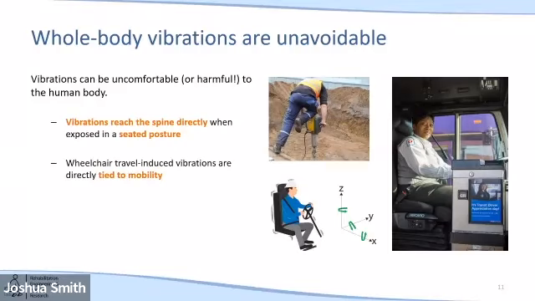So the prevalence of lower back pain, neck pain, shoulder pain, whether they're caused or just exacerbated by these vibration exposures, the correlation's there, right? And of course, when you're talking about wheelchair users who are in a seated posture all day, every motion they make in a chair inducing these whole body vibrations could go towards that lower back pain, neck pain, shoulder pain. So our big question here is, are wheelchair self-propelled travel-induced vibrations harmful?